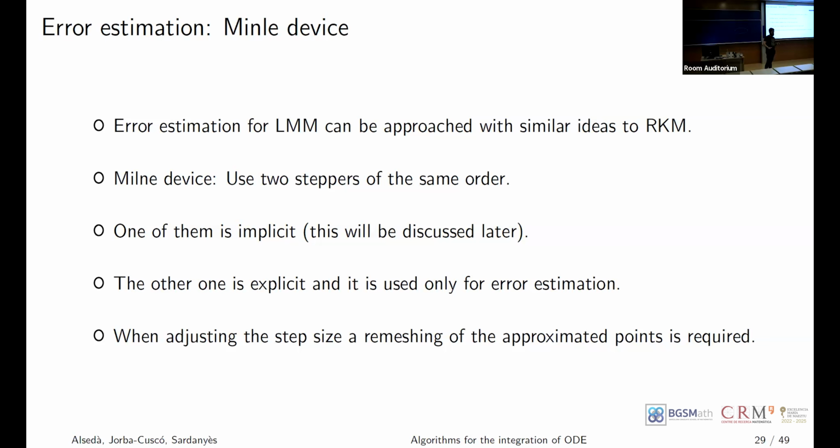And that's the main flaw of this kind of method, that the step size control is no longer nice. You have to evaluate again the vector field, which is the most expensive thing in the whole integration.